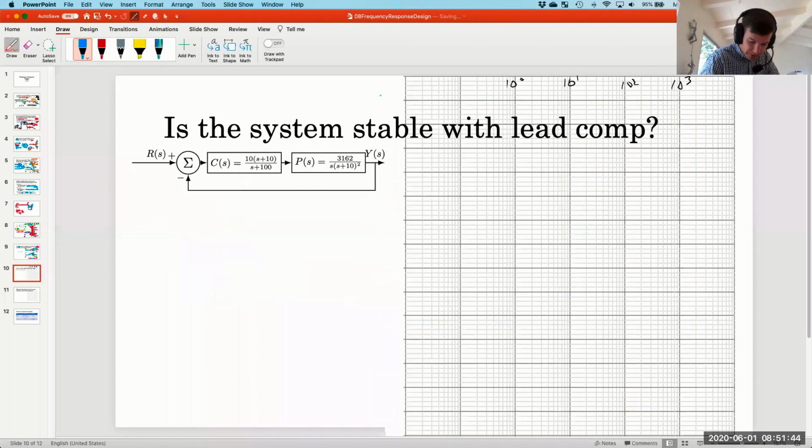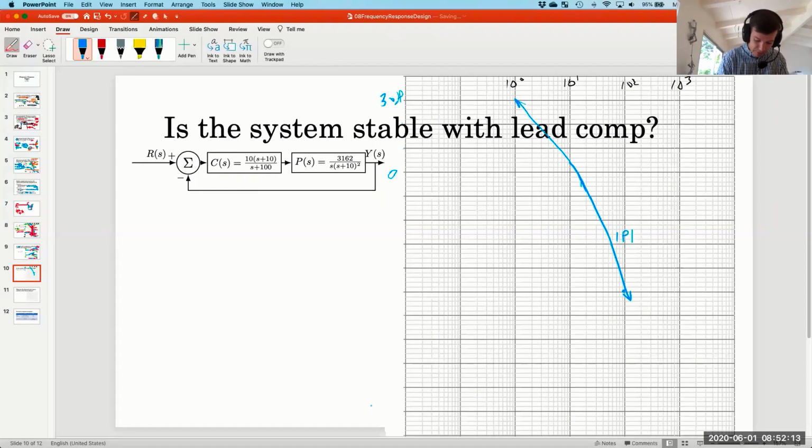we said this was 30 dBs, and so 20, 10, 0. This was our old magnitude plot. So this was 10, 20, 30, 40, 50. Okay, so this is our kind of uncompensated, or this is magnitude of P as a function of omega.